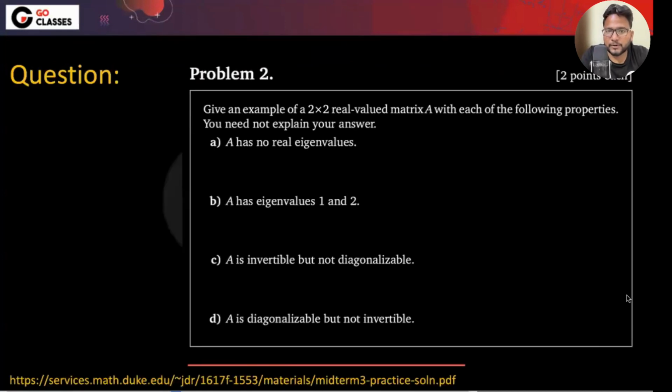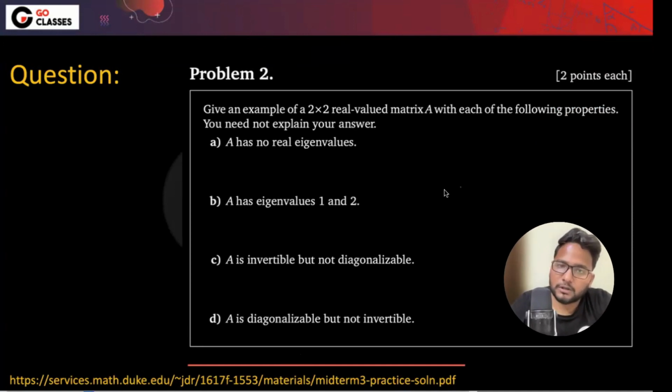Now let's see what this particular question is trying to say. Give an example of a 2 cross 2 real valued matrix A which satisfies each of the following properties. A has no real eigenvalues. Can you give me such an A? I think we did it in the lecture on eigenvalues. Tell me something where A always rotates.